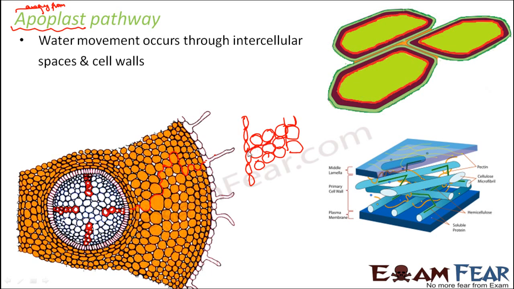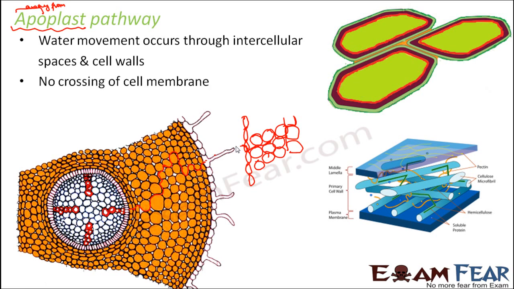But as soon as it enters the endodermis, it is no more allowed to move through the cell walls because of the presence of the Casparian strip. So it will directly move into the cytoplasm, and then it will pass the cytoplasm directly and then get into the xylem. So that is the apoplast pathway, where the water moves through the cell walls and stays away from the cytoplasm or the main portion of the cell.